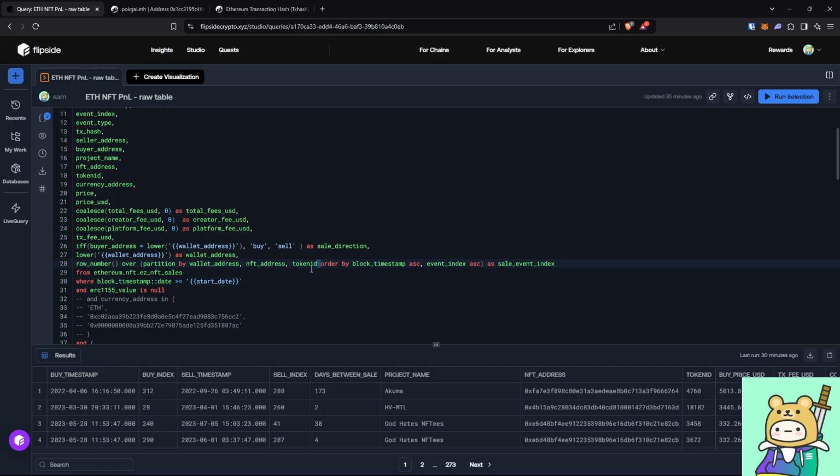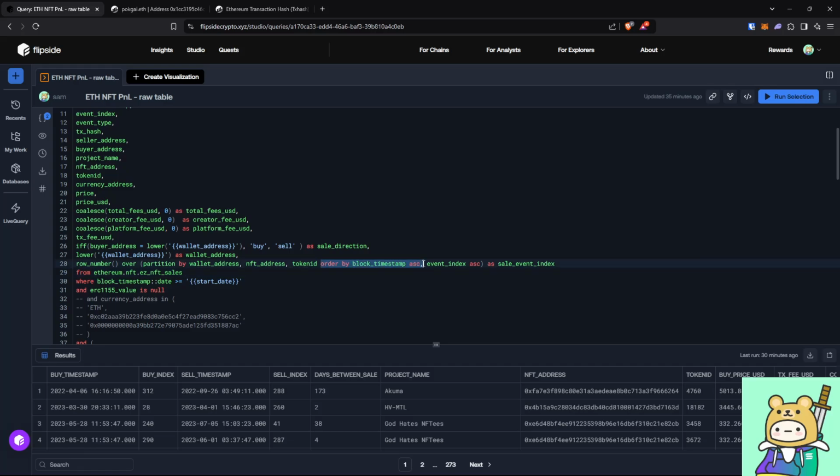What this does is that we want to create an ordered list of sales for that particular NFT, and because the NFT can be differentiated by the combination of NFT address and token ID, that's why we're doing a partition by. So partition by NFT address and token ID, ordered by the timestamp in ascending order, so that we can know, okay, this is the first sale, and then what's the immediate sale after of that particular NFT.